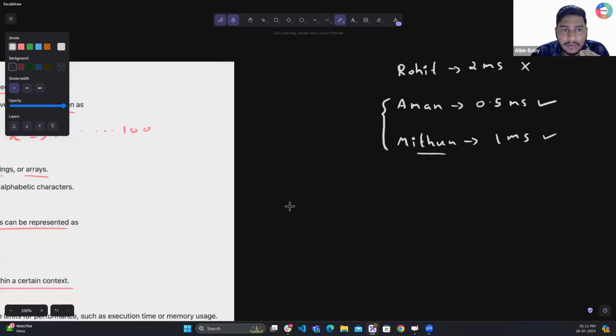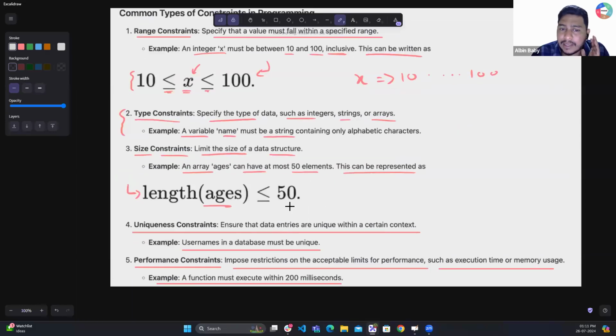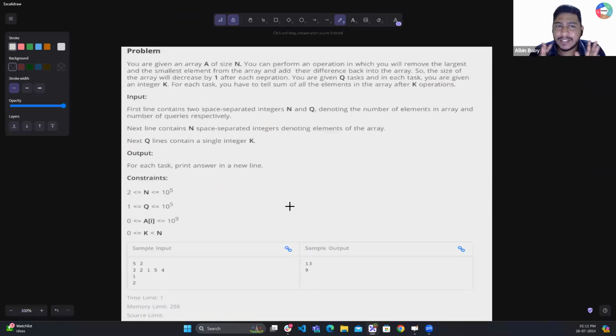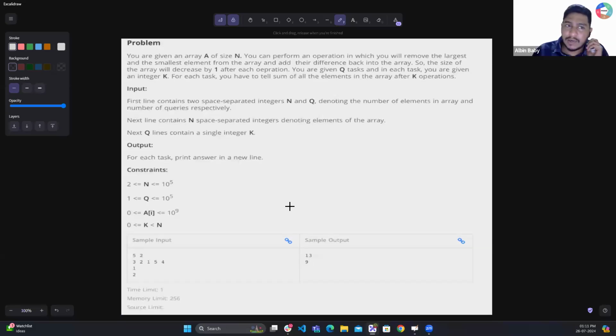Now I'll give you a problem that normally comes up in an interview. Don't look at the problem statement, don't read it. I'm just showing you how constraints are given in a question. When you start learning basic DSA, you'll be given the problem, the input, the output that you need to print, and the constraints.